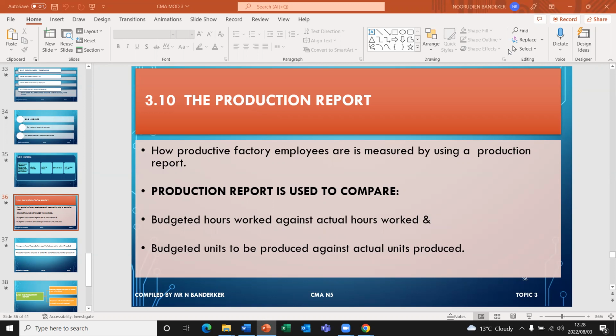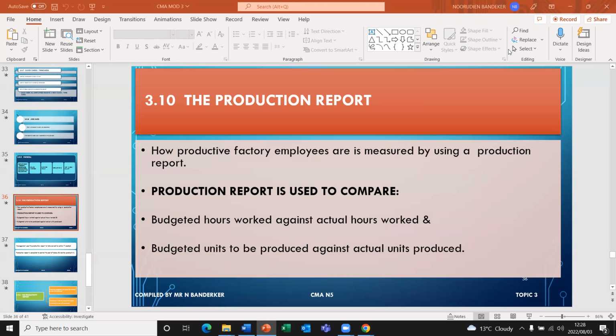Now, as you know, in the factory, the employers want to pay employees for being productive. And it's not just to monitor employees for being productive, it's also to meet deadlines. And one of the tools they use is the production report. Now, the production report, like I said, needs to have three things.